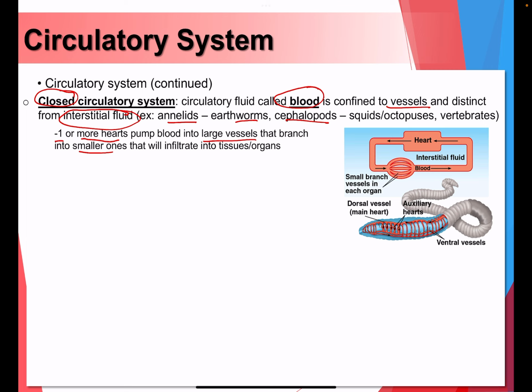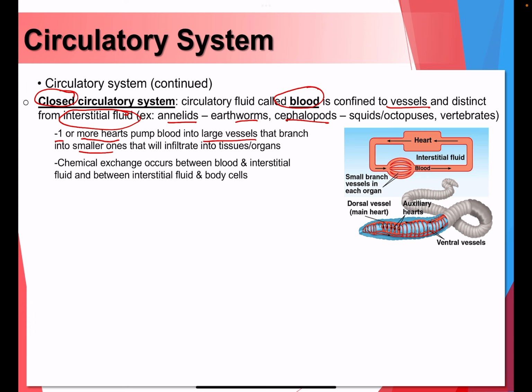that will infiltrate into the tissues. So that's what you're seeing here. One heart, direction of pumping blood going this way, a large vessel going into smaller vessels that will branch, and then of course those branches of small blood vessels will converge back into one large one and go back to the heart. So chemical exchange will then occur between the blood and the interstitial fluid, because blood is not going anywhere.